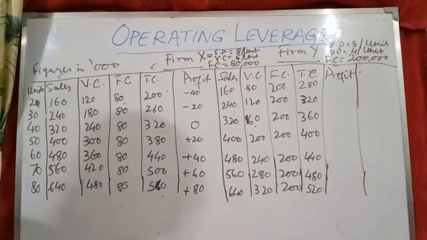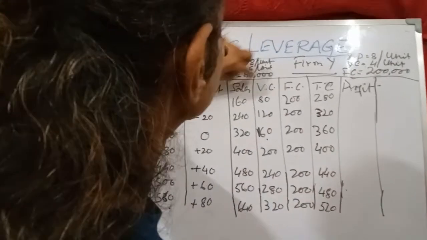Now you see the profit. This is sales, this is total cost.